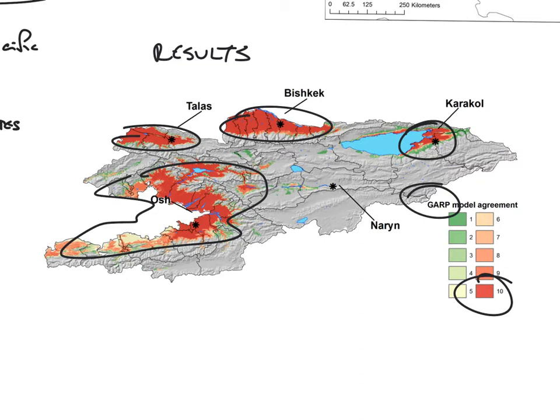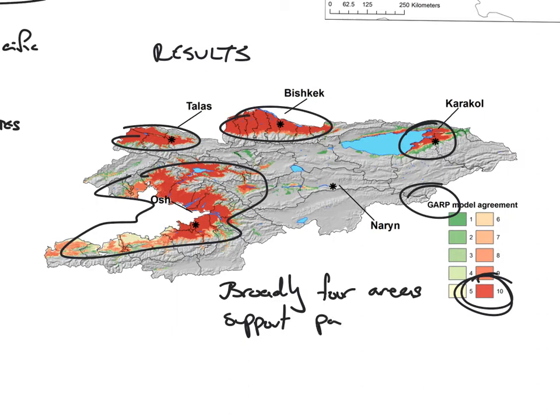So if we were to just bullet what we might say about this map, we might identify that the areas around Karakol, Bishkek, Talas, and Osh were the areas of highest predicted likelihood. So we could say broadly, 4 areas support pathogen persistence. And then we would name those areas.